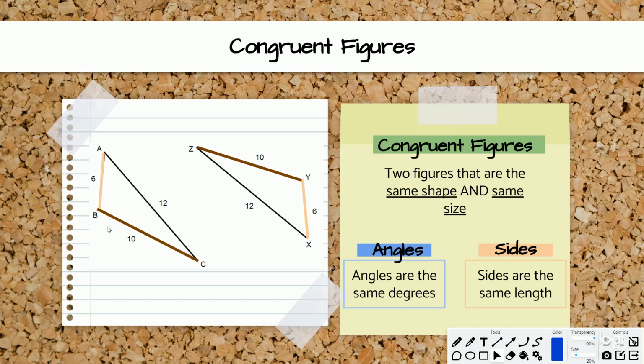Then we have a side that's the length of 10, and a side that's the length of 10, and then a side that's the length of 12, and a side that's the length of 12. So all of the sides have a matching pair, and then they all have matching angles as well. So these two triangles are congruent. They are the same size and same shape. They are just rotated around in a different orientation.